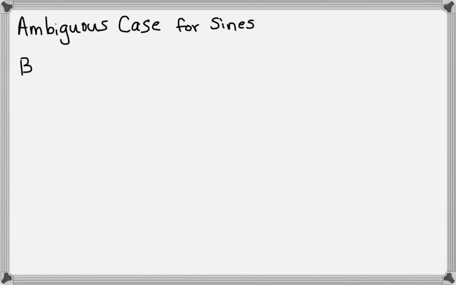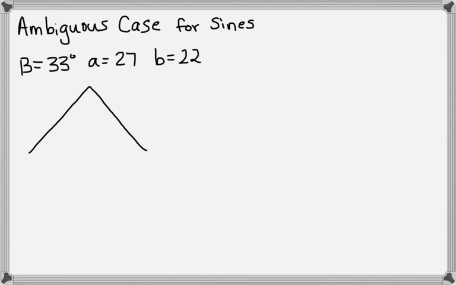Next part we're going to talk about the homework we had last night. It's the ambiguous case. I'm going to look at number 20. Okay, listen. Last night your homework assignment was 19 to 24. 19 had 1 triangle, 20 had 2 triangles, 21 was 1, 22 was 1, 23 was 2, and 24 was no triangles.